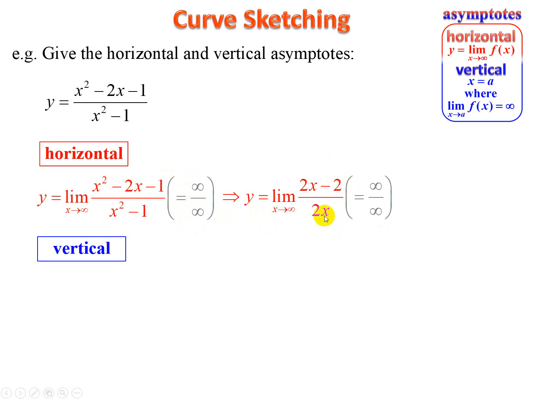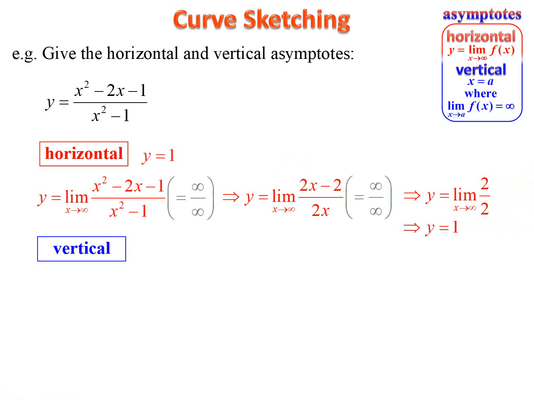We end up with 2x minus 2 over 2x. Of course, that's still indeterminate, so I can go a stage further and differentiate again. So we end up with a limit of 2 over 2 as x tends to infinity. It's now constant, so that's equal to 1. And therefore y equals 1.